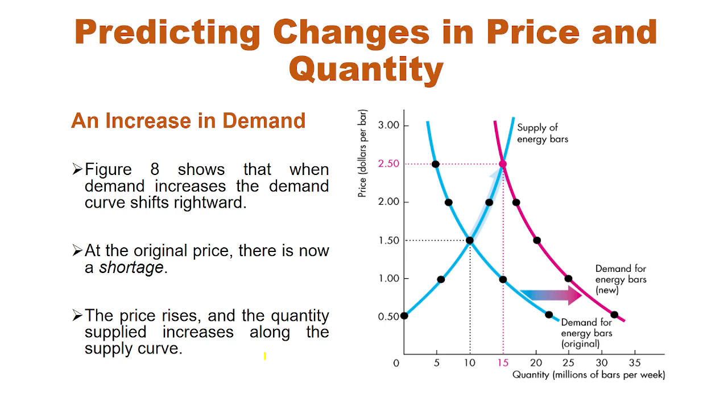The first case is when we experience an increase in demand. As you can see in figure 8, when demand increases, this means that the demand curve shifts to the right. At the original price, there is a shortage.